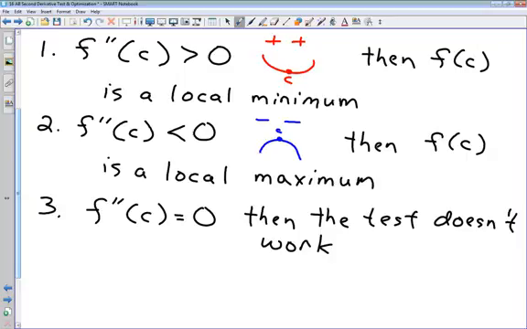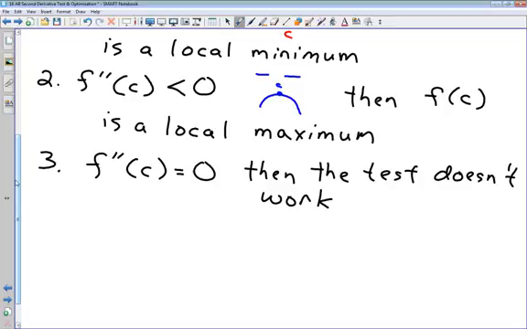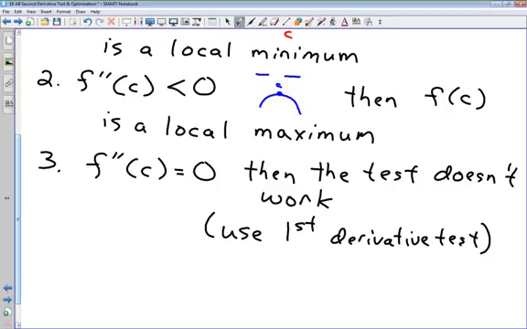So you're going to have to figure out some other way of figuring out whether this critical number is a maximum or a minimum. Likely you'd go back and do the first derivative test. All right, and that is what the second derivative test is.